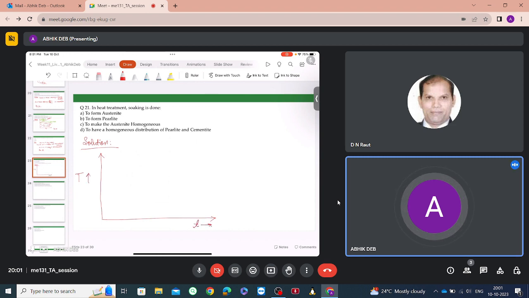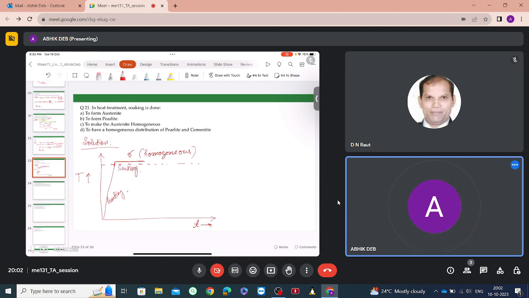Suppose this is the homogeneous austenite region, where we get only austenite. Anywhere you start heating, it reaches this point. This is called the heating region. Now, to make the region completely homogenized, we will have this soaking time.